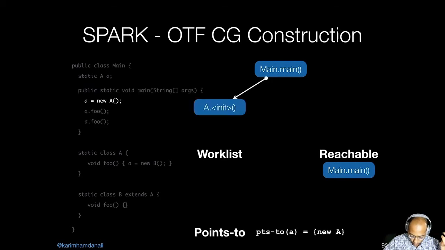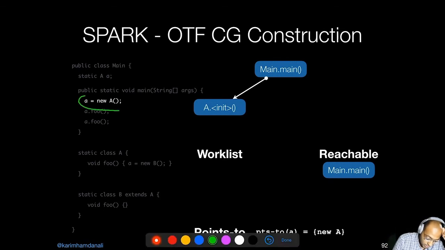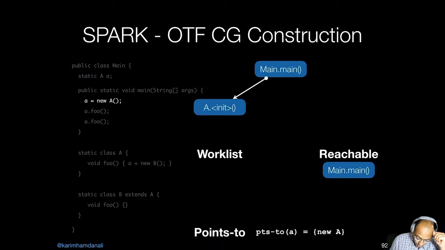Then I'm going to find all the allocation sites in the main method. I only have one of them, a equals new A, and that basically gave me the points-to set of the variable a, which is going to be the allocation new A. So I'm going to just do the first iteration, and then I'm going to need your help from there on.